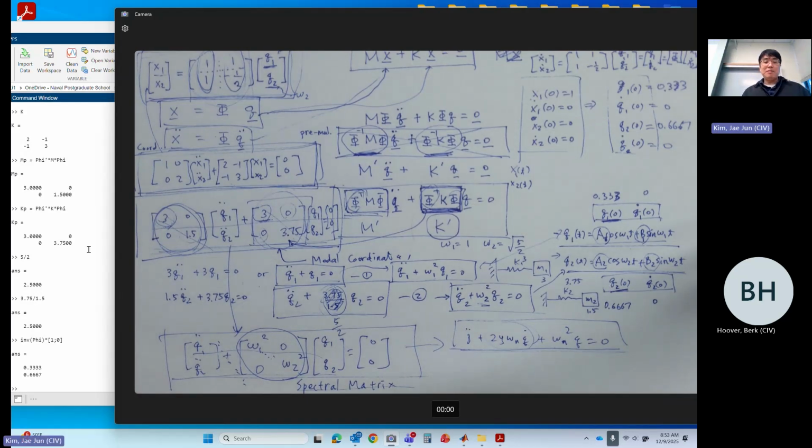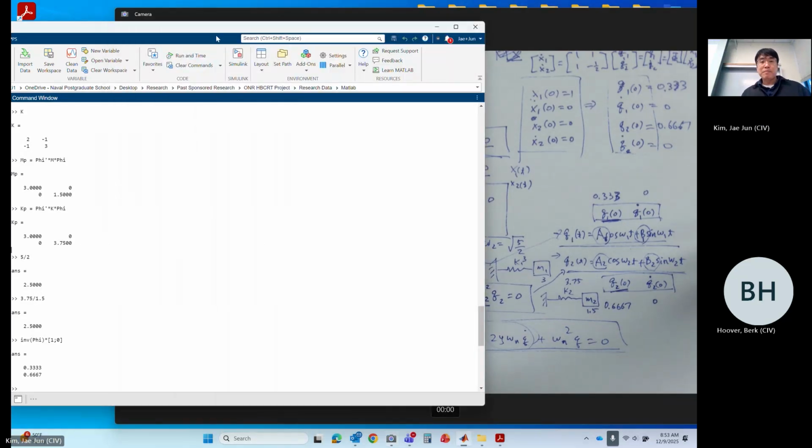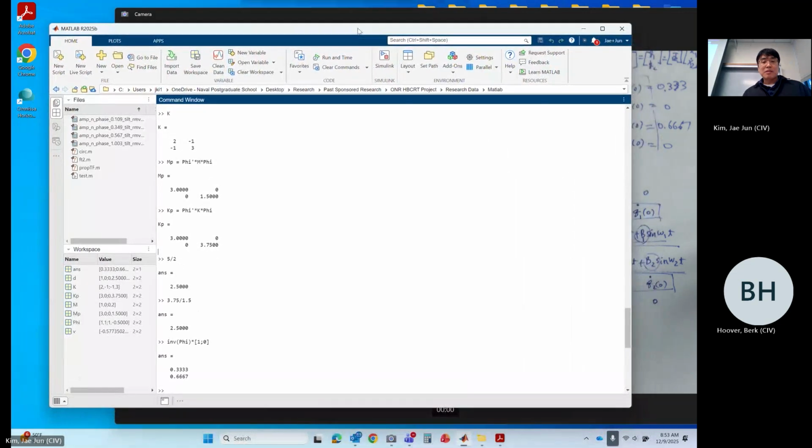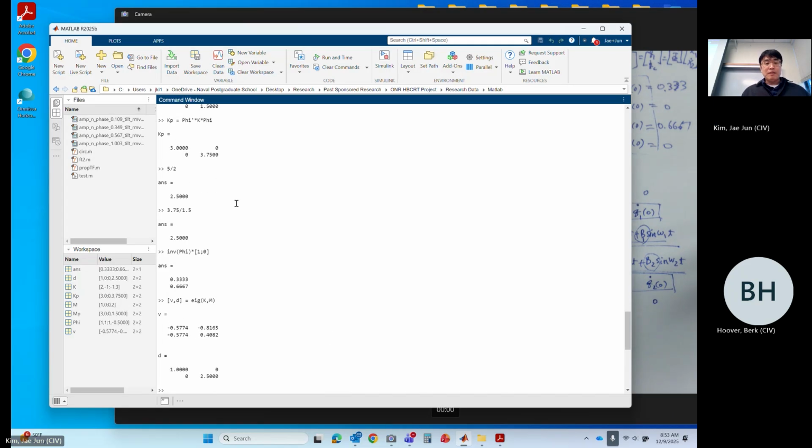So if you look at the MATLAB, when I do EIG of K and M, and then remember I did V and D. V gives you the P, the modal transformation matrix, modal matrix. And D is the spectral matrix.